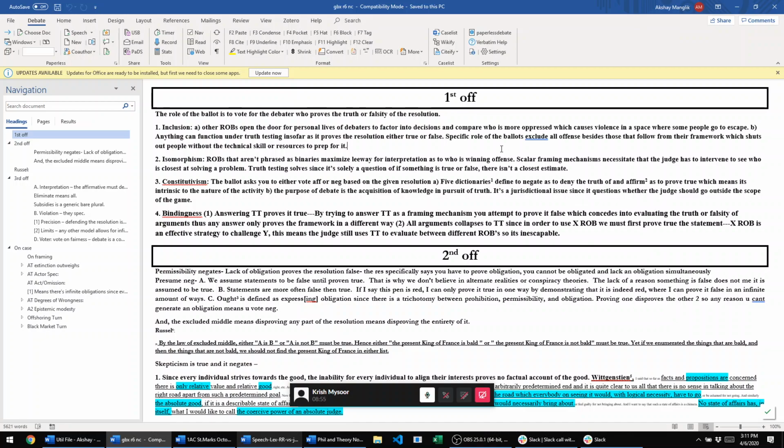Comparative worlds is not necessarily a binary, but that's not a reason why it can't guide action or be used as an evaluative framework, because you still have to adjudicate offense even when you're right. Even if you're figuring out if something is true or false, you still have to weigh the relative merits of arguments, their impacts, etc., which is what our role of the ballot would call for too.